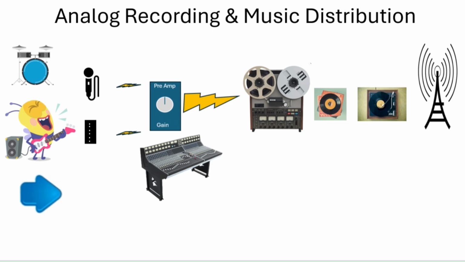In all instances, we start with a sound source: a drum, a vocalist, a guitar, for that matter any instrument. And when it comes to a drum or a vocalist or most instruments, they are generating a sound wave which is measured in SPL, sound pressure levels. Quiet sound, low SPL; louder sound, high SPL.